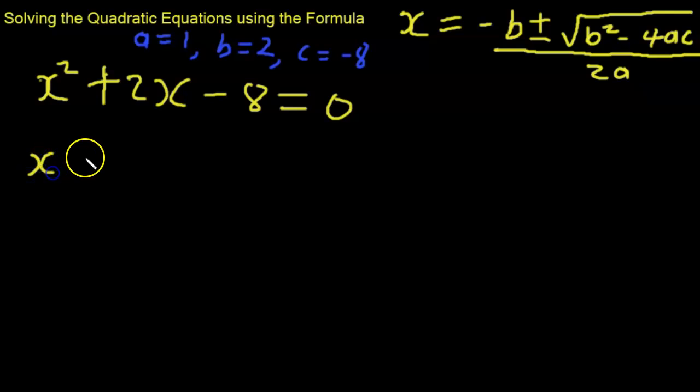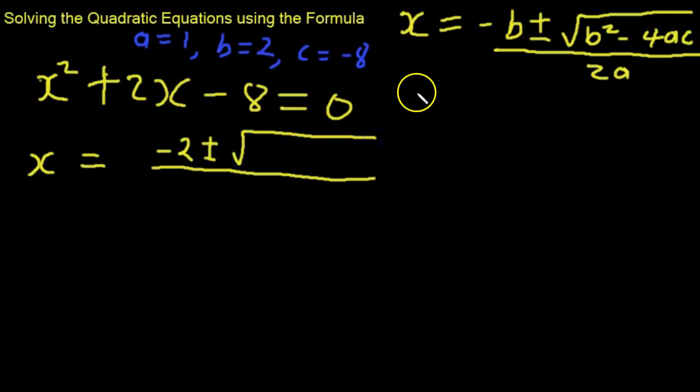So let's go step by step. So here's the formula, minus b. So minus b, what's the value of b? 2. So it's just basic substitution. Square root. b squared, now b is 2, so b squared will be 2 squared.